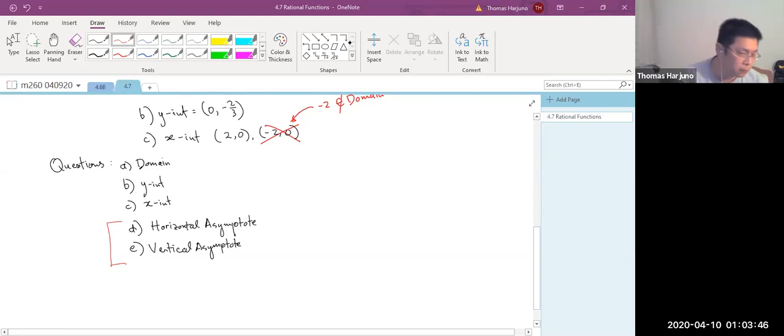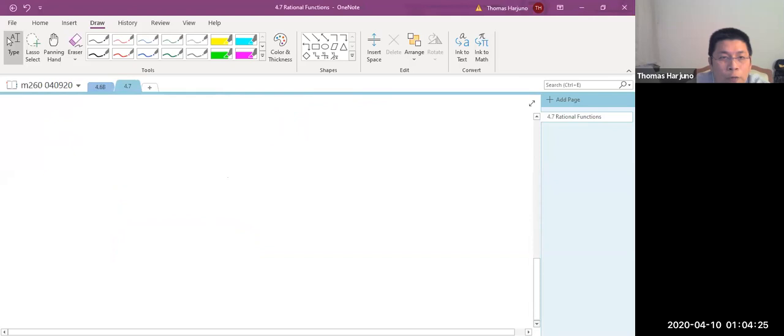Let me try to graph a function here. Give me a second. I need to first explain what is vertical and horizontal asymptote, right?